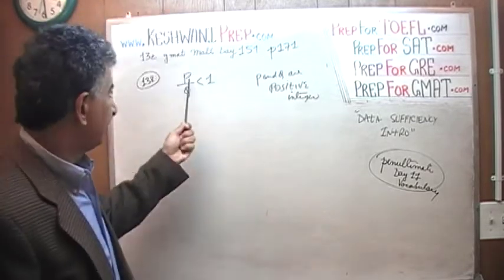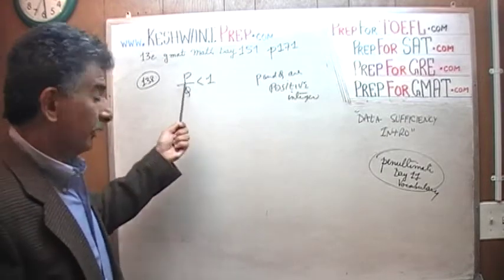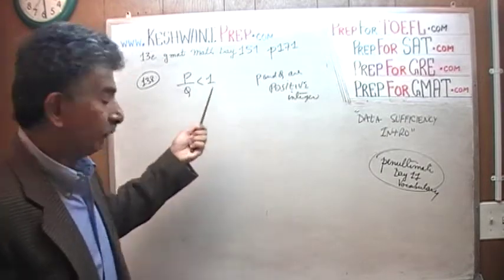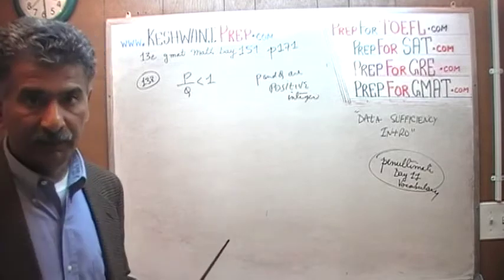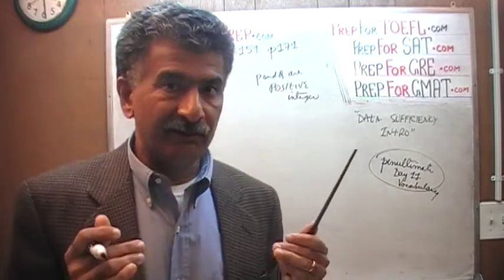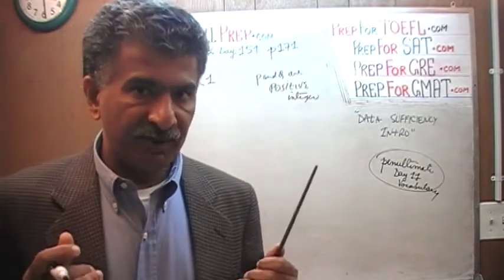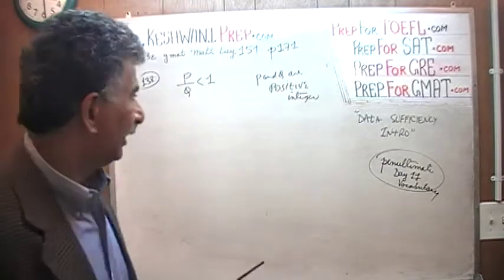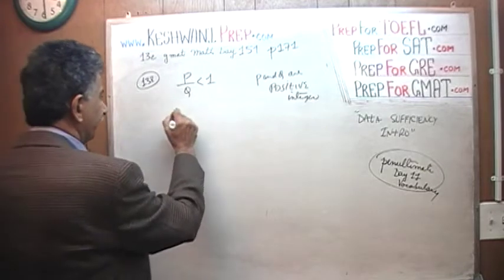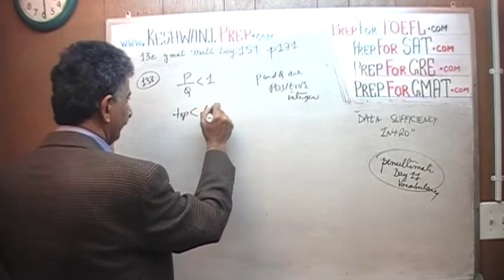So given the fact that they are both positive, if one of them was negative, then of course it would be less than 1 because the fraction itself would be negative. But here what they're telling us is that the fraction is positive and yet less than 1. The only way a fraction can be positive and be less than 1 is if the top is less than the bottom.